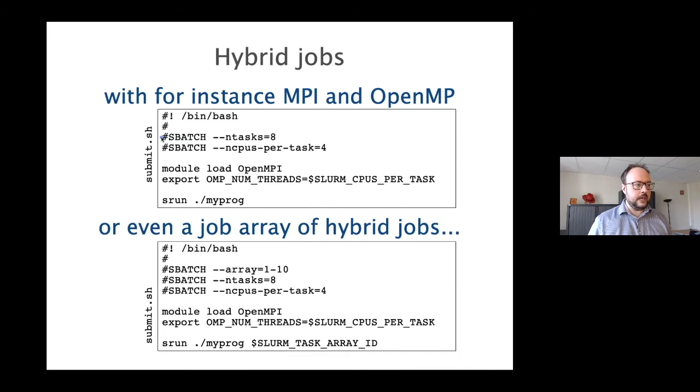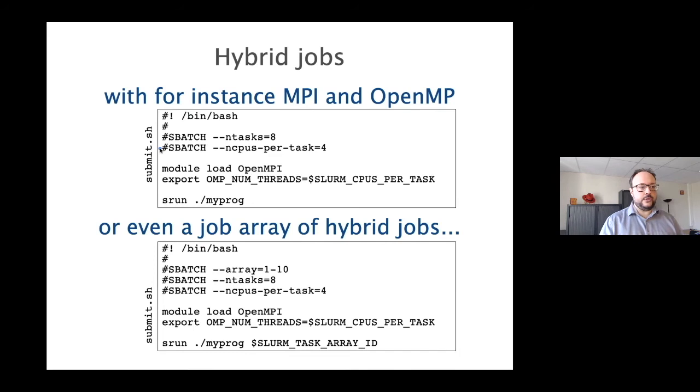So here I have the parameters specific for MPI, and here the parameters specific for OpenMP. And so this will request 8 times 4 CPUs, all grouped by 4. So we will have 8 processes created by Slurm, and each process will have access to 4 CPUs on which they will be able to start 4 threads, 4 OpenMP threads, for instance.